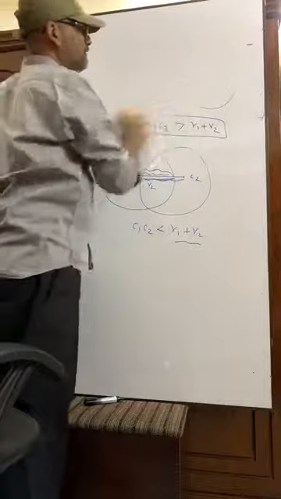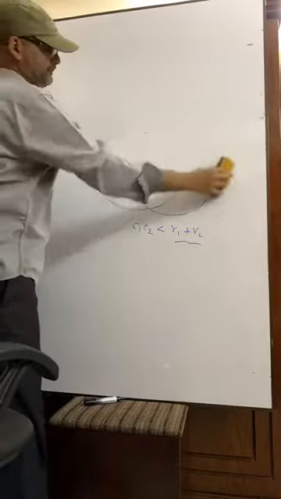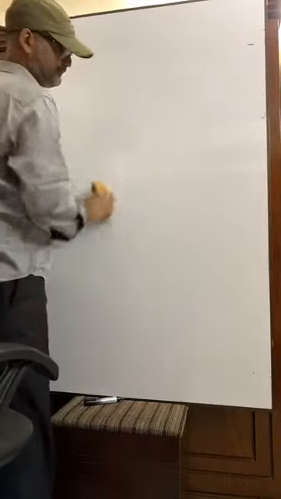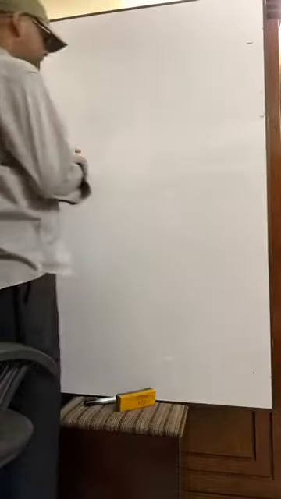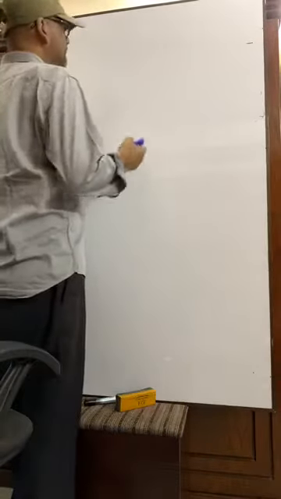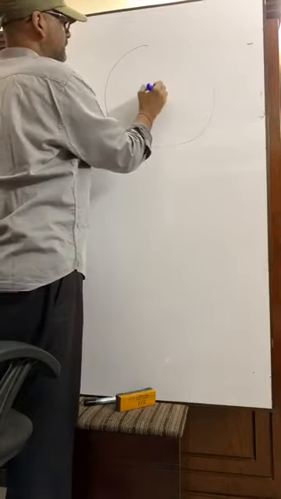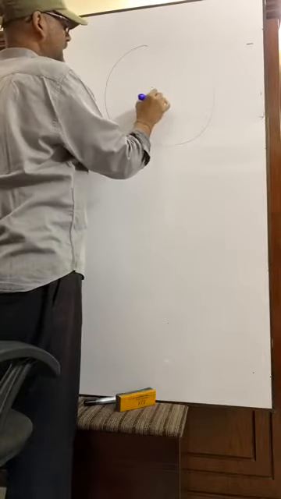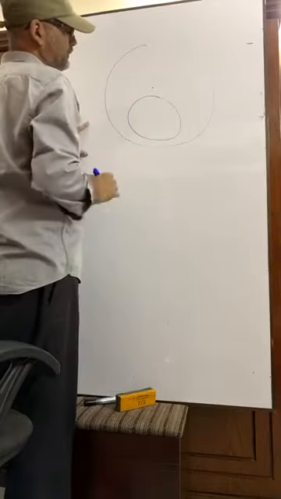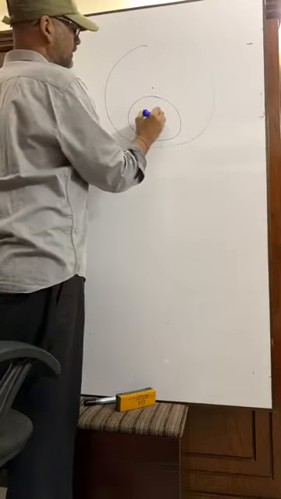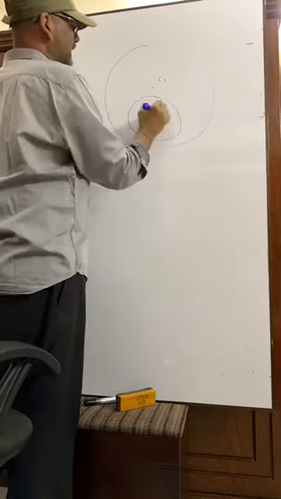Another thing. Suppose this is a circle with its center, and this is another circle. This is the center, C1, and this is C2.